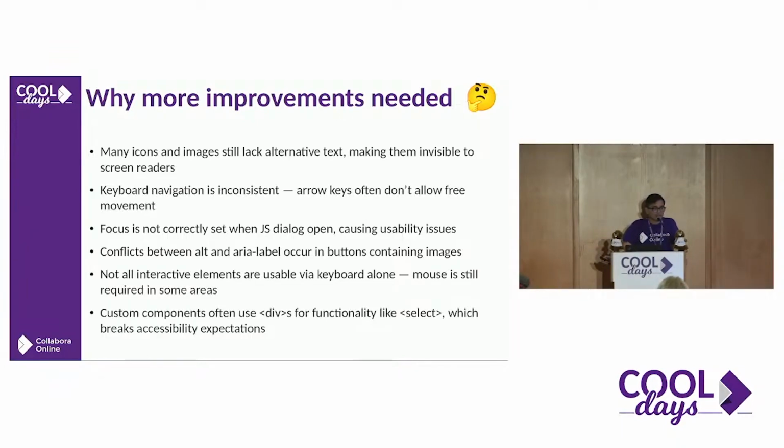And there are many conflicts between alternate text and aria-label inside the HTML elements. If both are present, the screen reader will get confused about the real purpose of the element, and eventually it will be very hard for screen readers to guess that element.